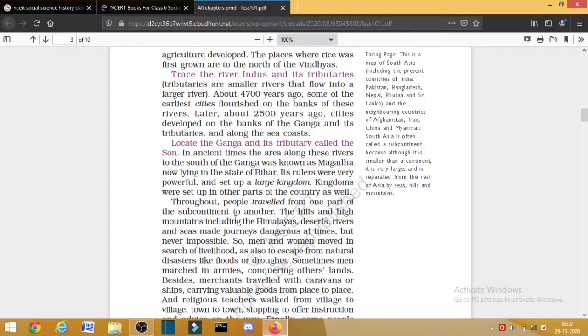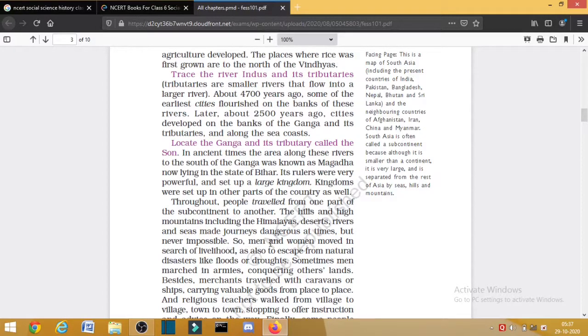Going from one part of the subcontinent to another, the hills and high mountains, including the Himalayas, deserts, rivers, and seas, made journeys dangerous at times. So it was not an easy task to go from one place to another. It was full of danger at that time. But it was not impossible, boys.